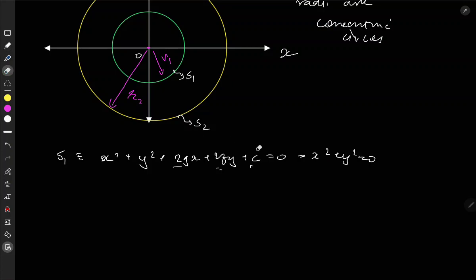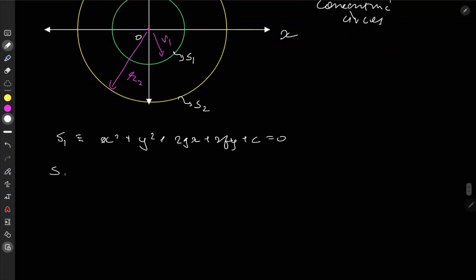But I am writing it for a general case, as in for any circle to be valid. So x square plus y square plus 2gx plus 2fy plus c equal to 0, and the second as x square plus y square plus 2gx plus 2fy plus c dash equal to 0.